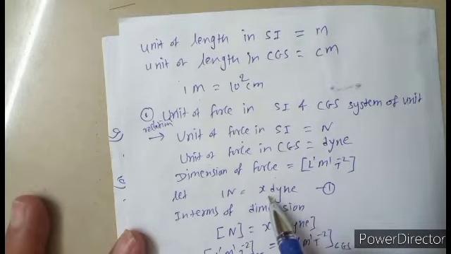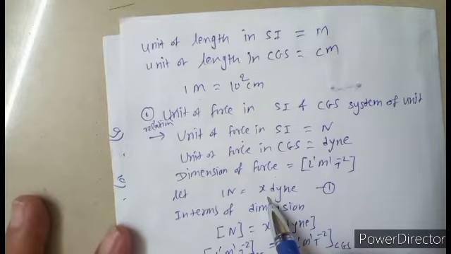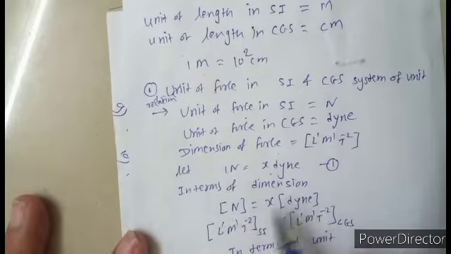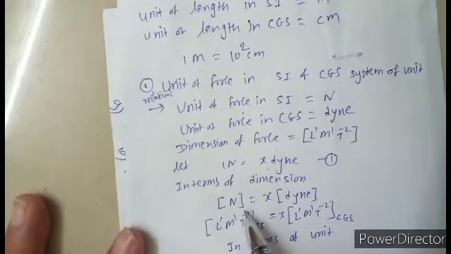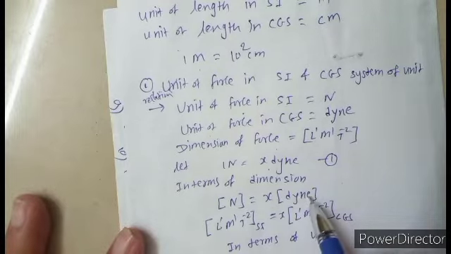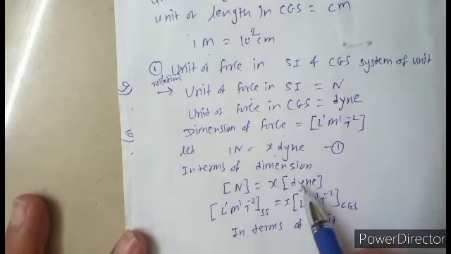Now we find the value of X by using dimensional analysis. In terms of dimension of N, that means force, is equal to X. Dimension of dyne, that means dimension of force, again because these are the units of force.